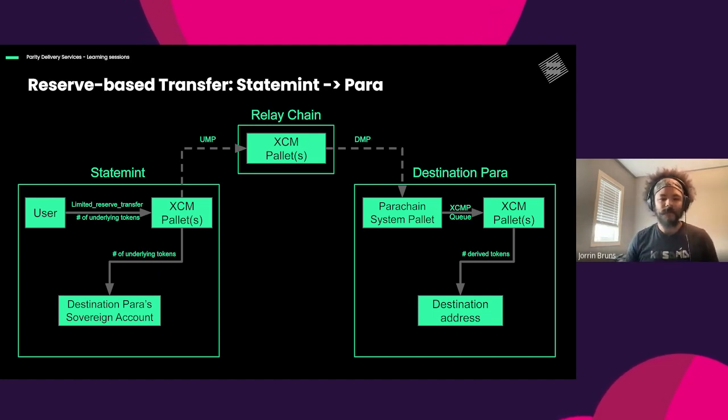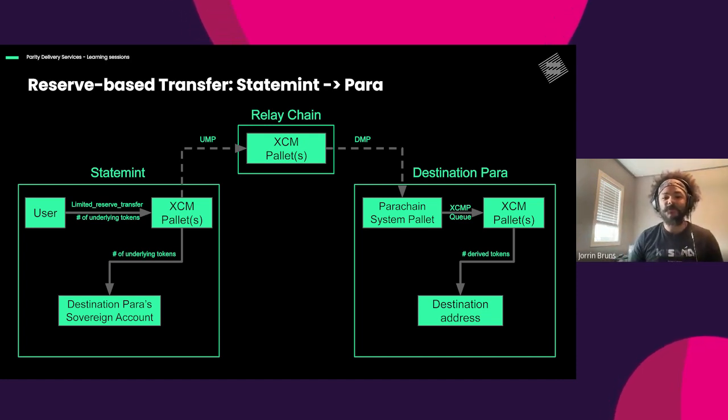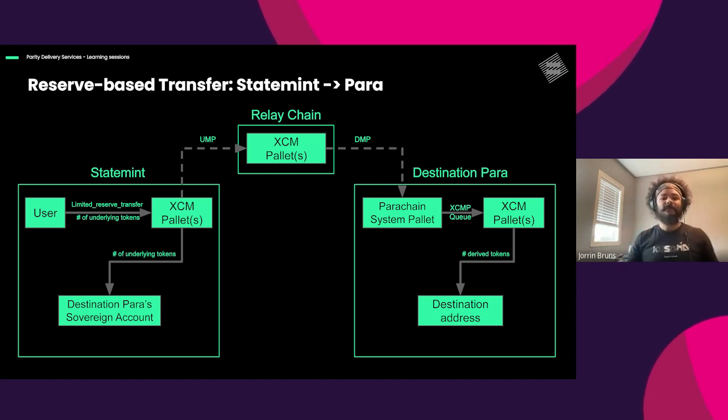And now an even more complex transfer that I haven't diagrammed because it would be super hard to fit into one screen. As you can imagine, two disparate parachains trying to send tokens between each other. And so you would have another one of these here, and now we would be transferring tokens between two sovereign accounts that exist on the trusted parachain.